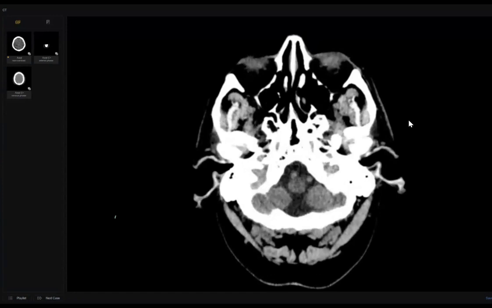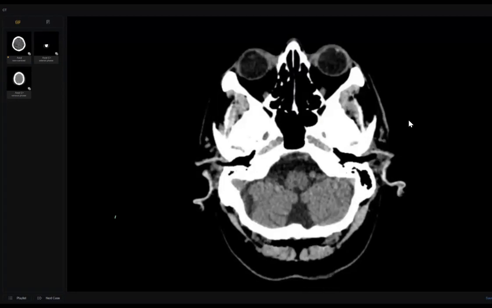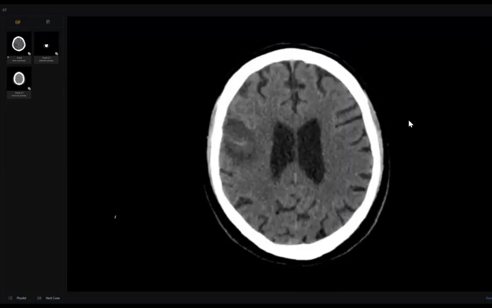Considering the age of this patient, my first differential would be hemorrhagic metastasis. Other differentials could be vascular malformations. There could be amyloidosis in this patient, but my first differential would be hemorrhagic metastasis.